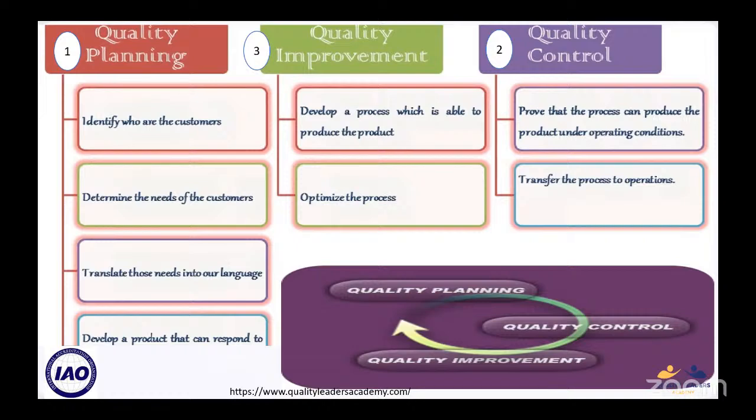Developing a product, and then developing the process which is able to produce that sort of product. In quality planning, you have designed the initial process. In quality improvement, you're asking, is the process actually performing as designed, and can we make it better?